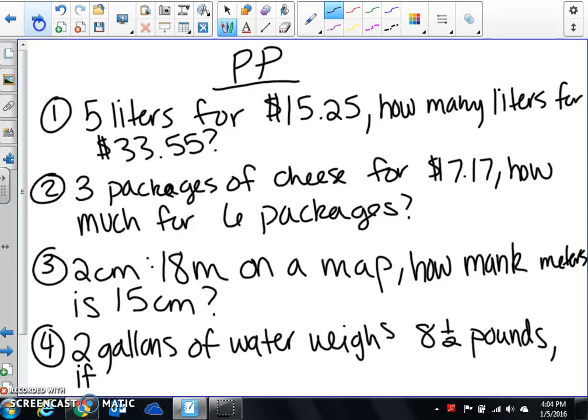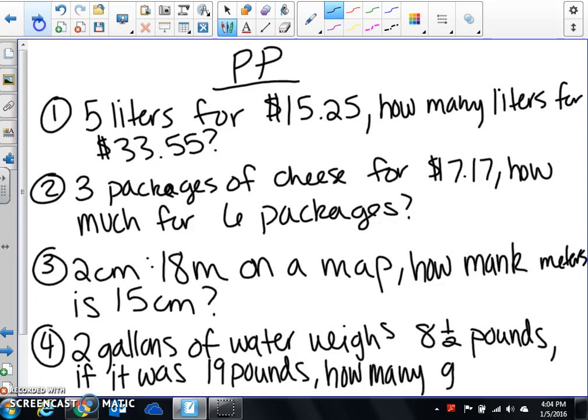If it weighs 19 pounds, how many gallons? All right, there's your practice problems.